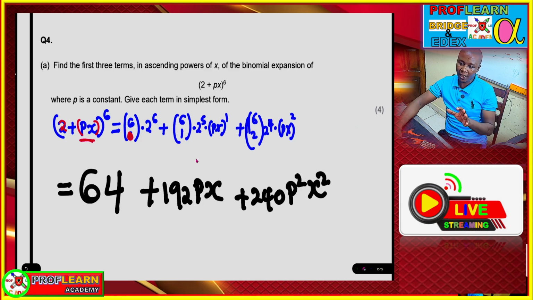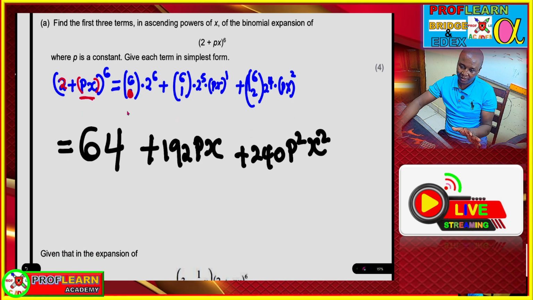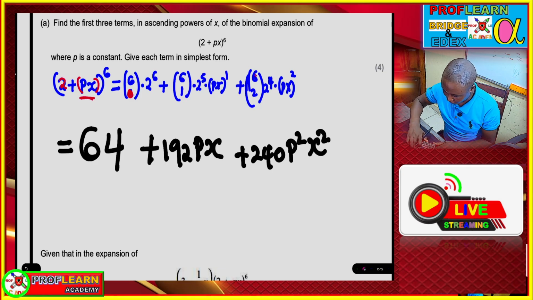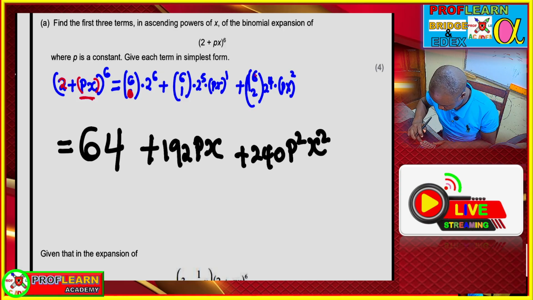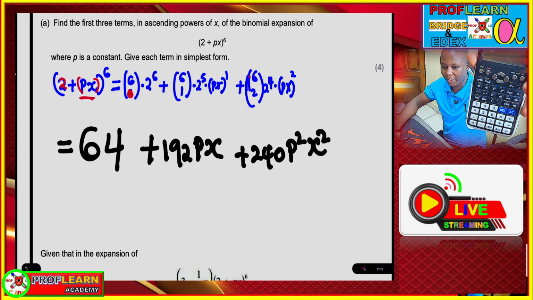If you put this into your calculator, 6 combination 0 is going to give you 1. 6 combination 1 is going to give you 6. 6 combination 2 is going to give you 15.